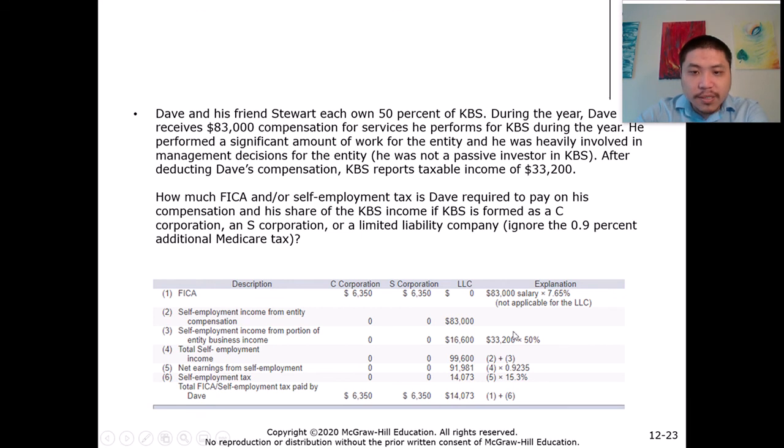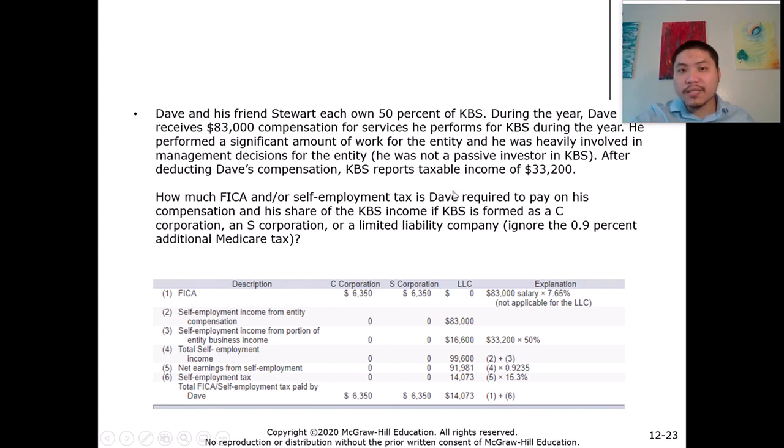After everything, so $33,200 is the net earnings of the corporation, right?